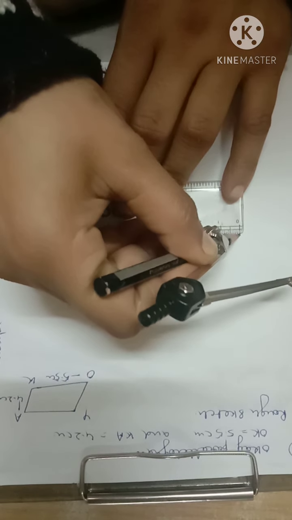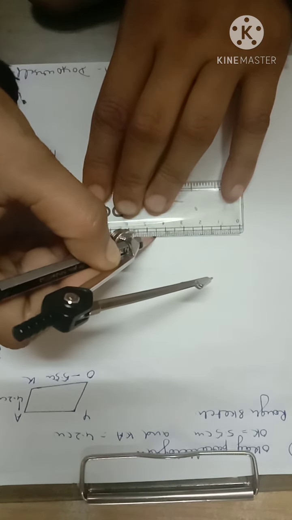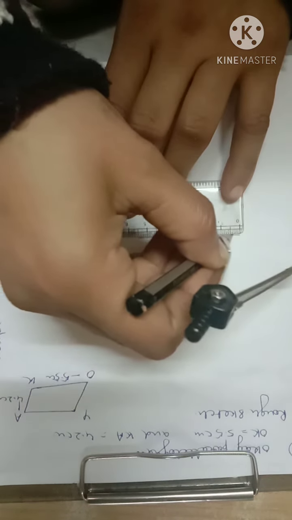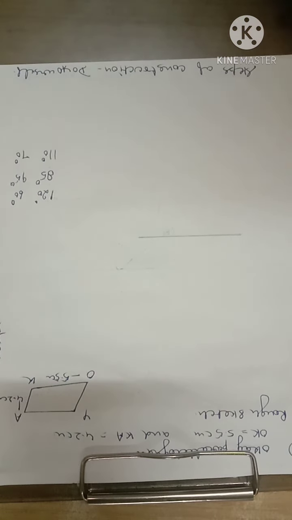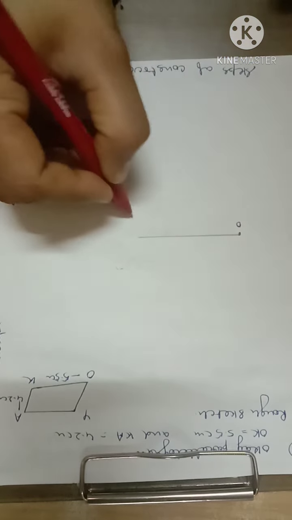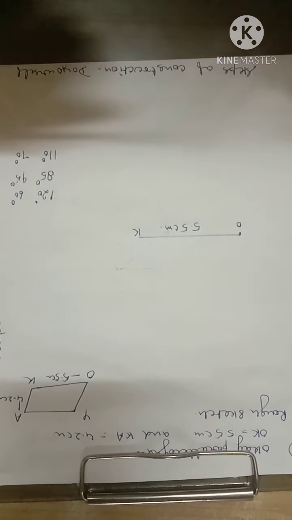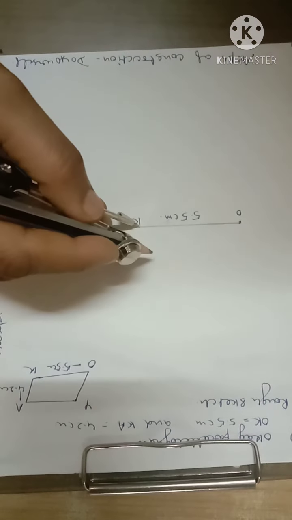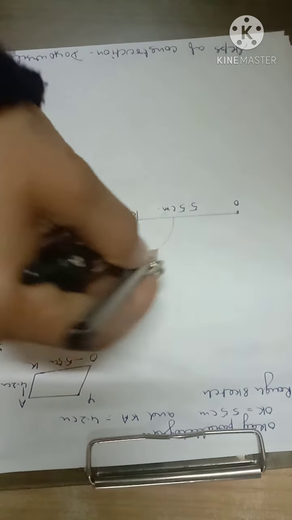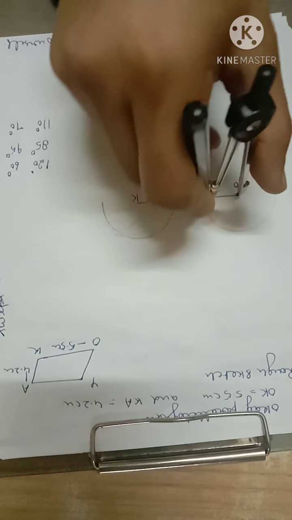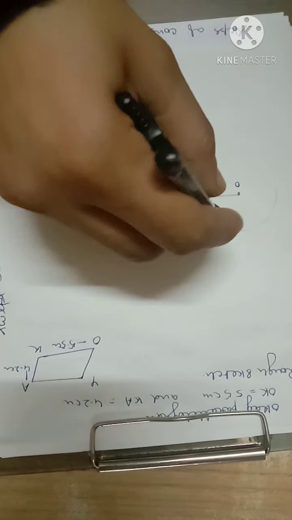So at the last I am going to say that this is not a unique parallelogram, but I am drawing with the help of a compass, taking angles 120 and 60 degree. Clear? First I have plotted line segment OK as 5.5 centimeter. At point O, I am plotting a 60 degree angle.